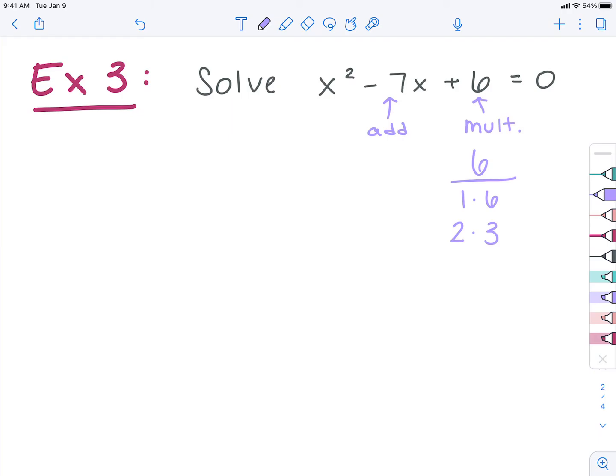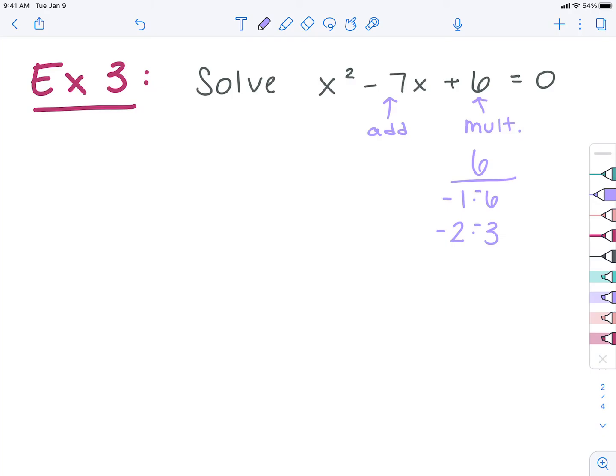If I want them to multiply to be a positive number, that tells me they both have to have the same sign. Because both positive or both negative would multiply to be a positive number. They have to have the same sign, but I want them to add to be a negative. So that tells me that both of my factors have to be negative.